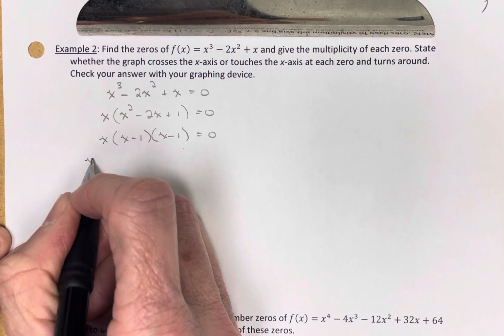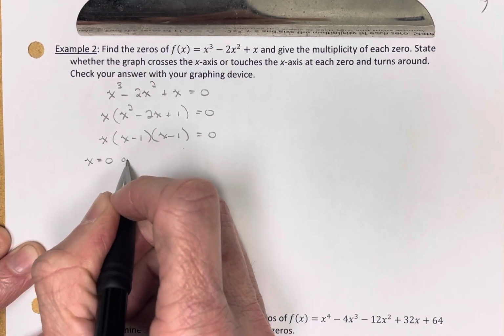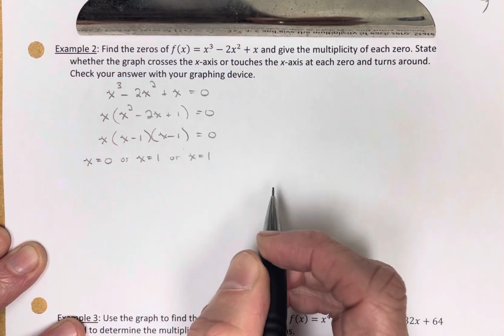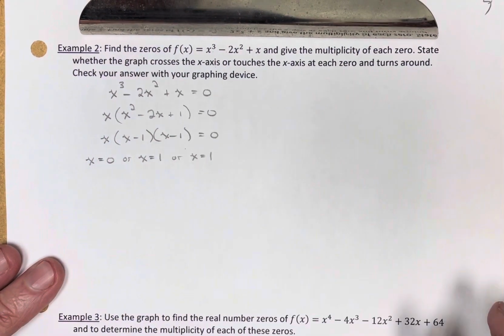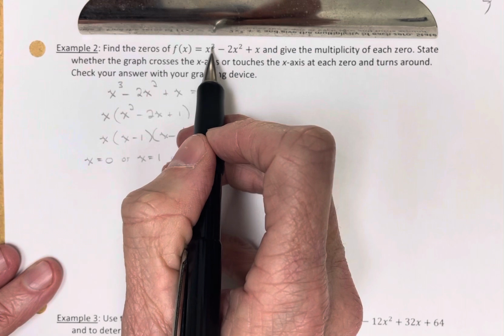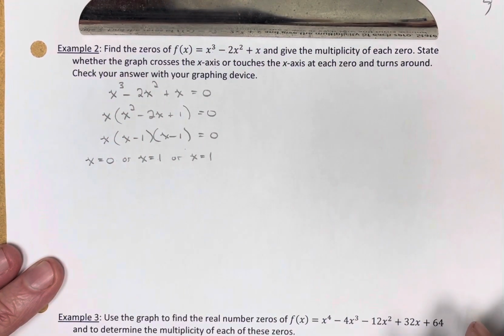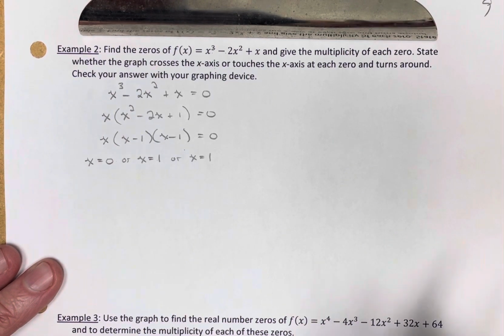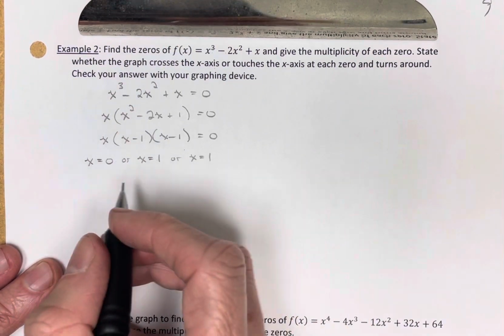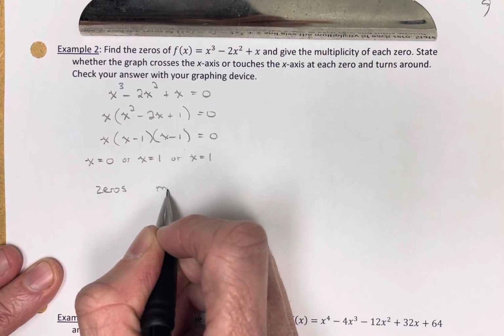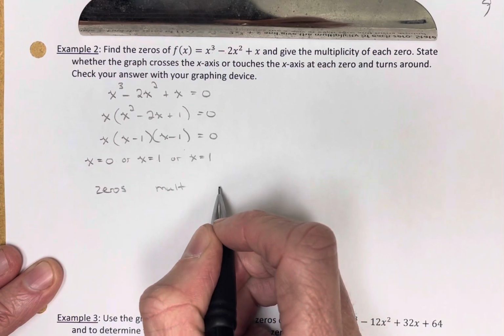So we have 3 solutions, x equals 0, or x equals 1, or x equals 1. Okay, 3 solutions. Again, it's a 3rd degree polynomial. I will have 3 solutions as long as we count our multiples separately. Okay, let's take a look at our zeros and their multiplicities and the effect on the graph.